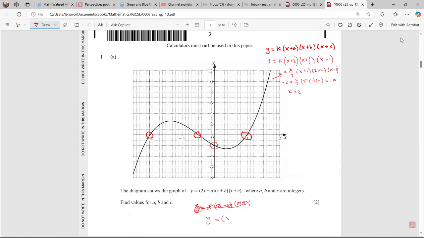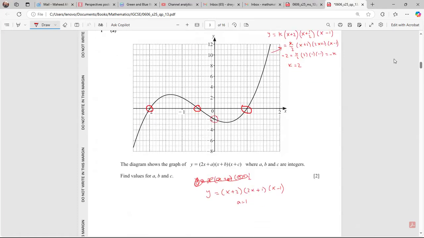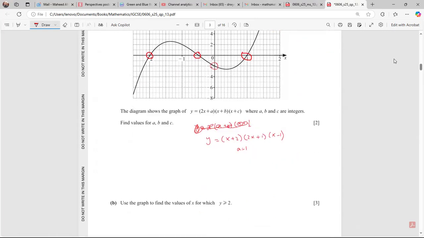So I have x plus 2, and then 2x plus 1, and then x minus 1. Okay, so this is our final solution. You can see a is 1, right? And b and c, either one could be 2 or minus 1. Okay, so this is the end of our problem.